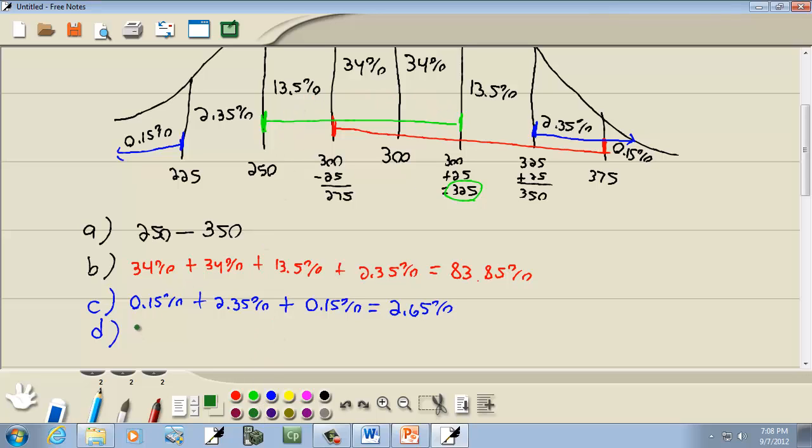So we're going to have 13.5% plus 34% plus 34%. That's 68, 78, 81.5, I think. Let me plug it in my calculator just to make sure. I'm not that great at decimals. 13.5 plus 34 plus 34, 81.5. And that's the end of that problem.